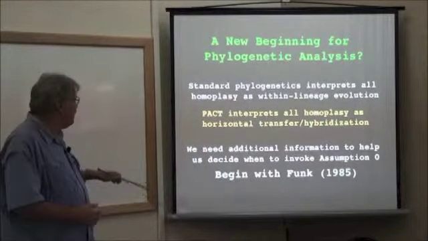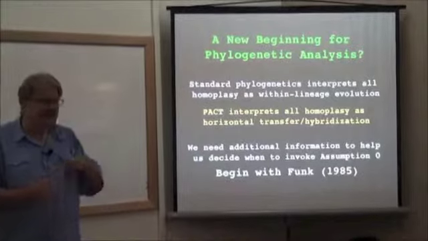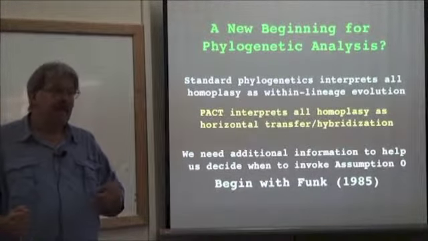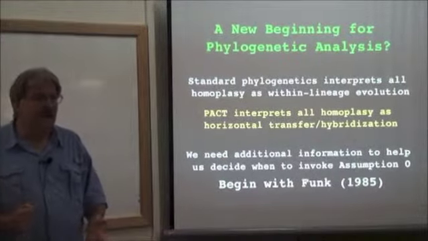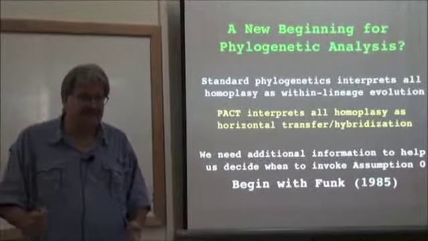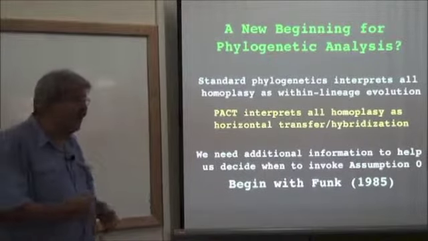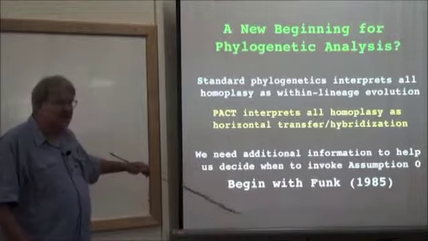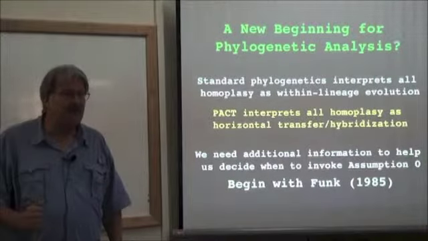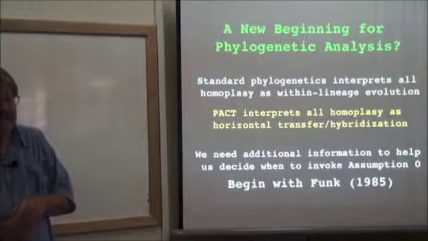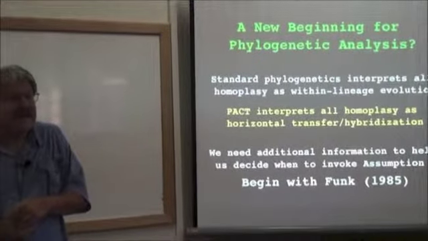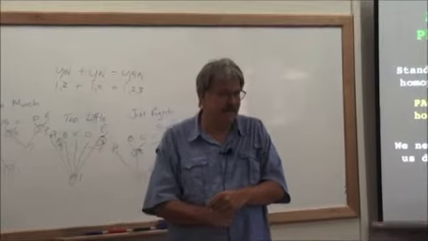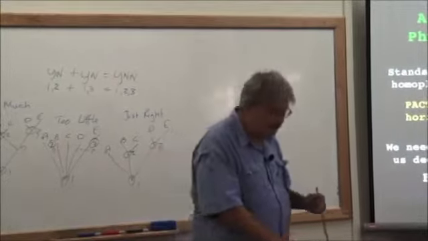So we need some method. We need additional information or some methodological approach to help us decide. Now, it turns out that we already have that. And Vicki Funk, who's a botanist at the Smithsonian, actually published the way to solve this problem in 1985. And nobody paid any attention. Now, what did she say?